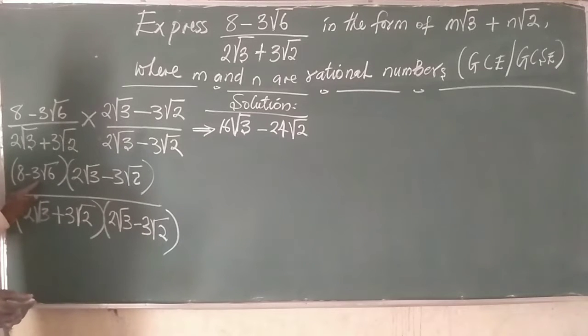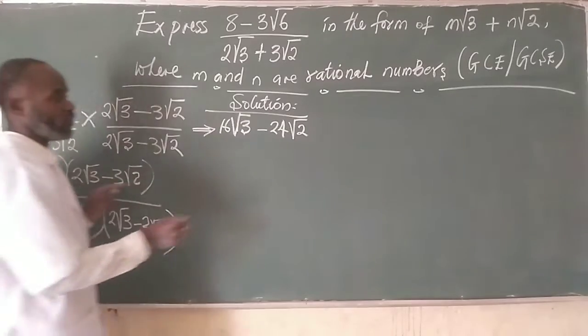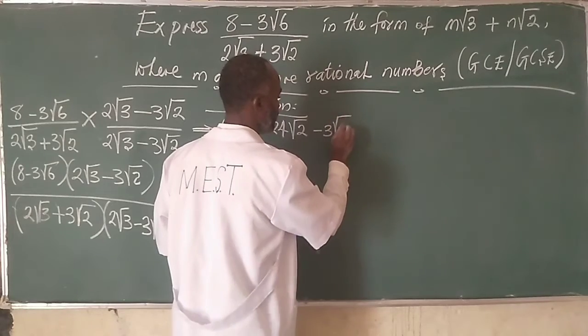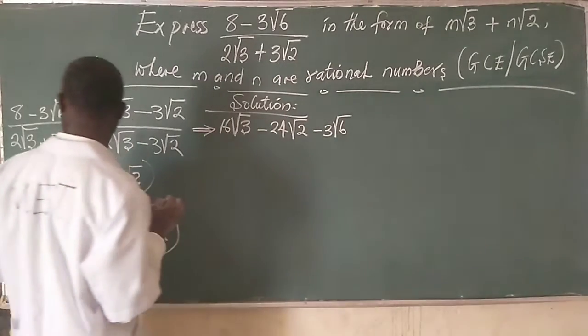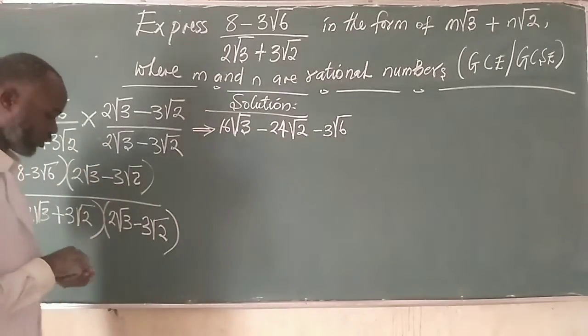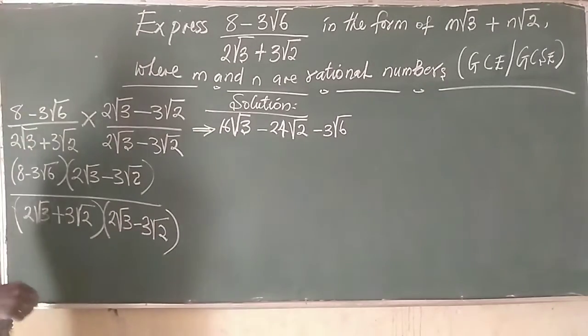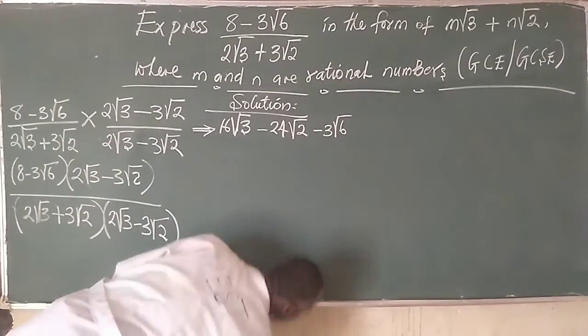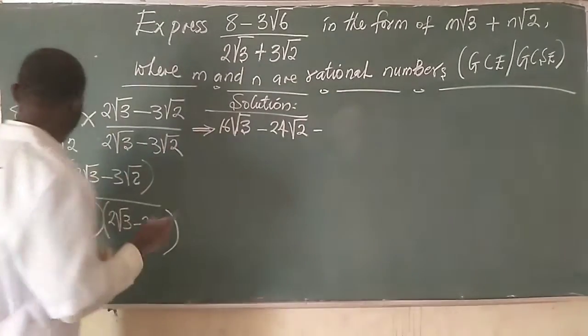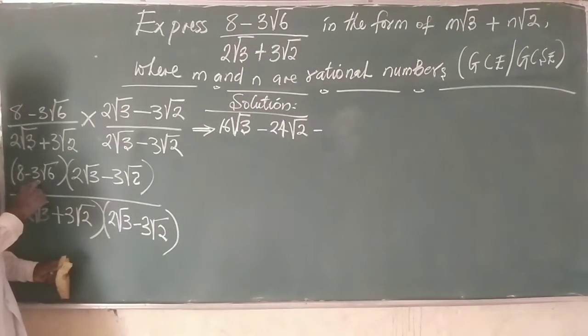Minus 3 root 6 times this. Minus 3 root 6, multiplying this: 3 times this is going to be 6.